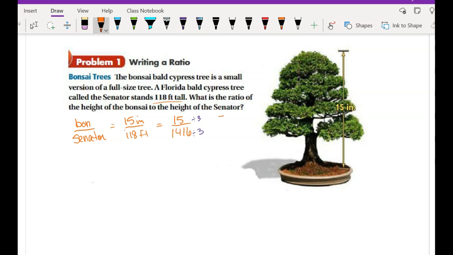So 15 divided by 3 is 5. 1,416 divided by 3 is 472. So my ratio of the height of the bonsai to the height of the Senator is 5 to 472. So you can leave it in fraction form, or you can write it as 5 to 472, like this.